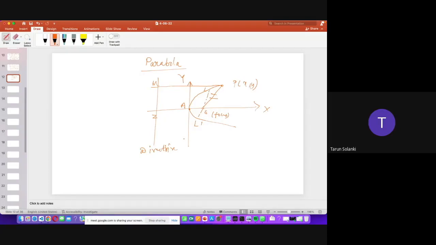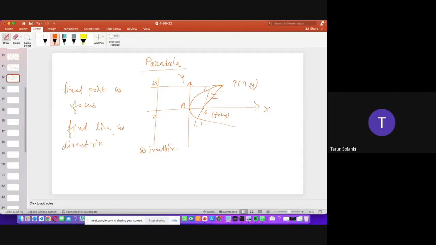So we can see the fixed point is the focus of the parabola, and the fixed line is the directrix of the parabola. So I can write it here: fixed point is focus, fixed line is directrix.